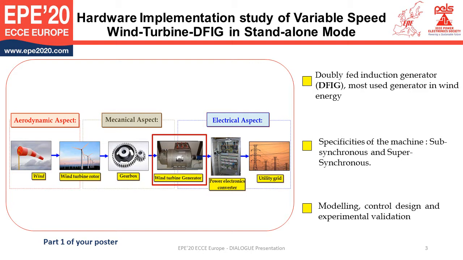We have a sub and super synchronous mode. So in order to apply these different modes, we have to modulate and design the power control of our system. And we will make some experimental simulation validation.